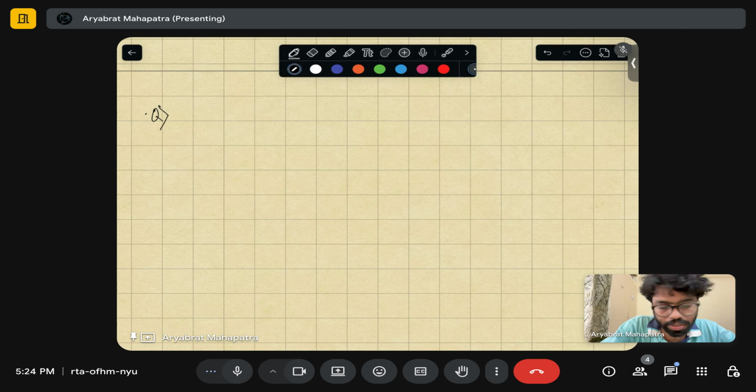Suppose your system is an electron trapped in a box, and you want to measure the momentum of that electron. First you calculate the wave function describing the state of that electron trapped in the box, and for that electron you want to measure some quantity called momentum.